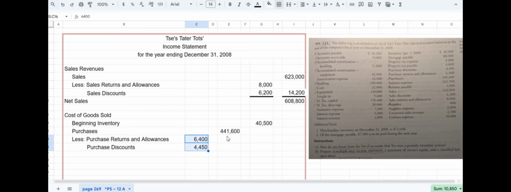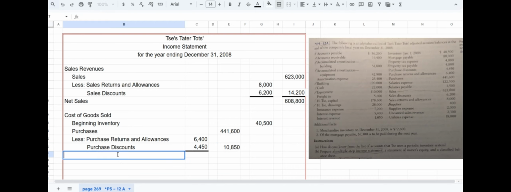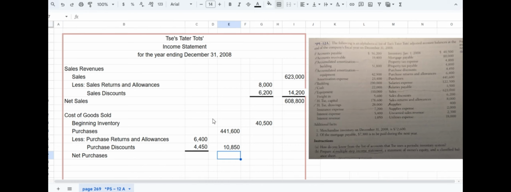So next we have to add these together. Let's just add a line to show that we added them. And now we can get our net purchases, which is just our purchases minus purchase returns and allowances and purchase discounts.